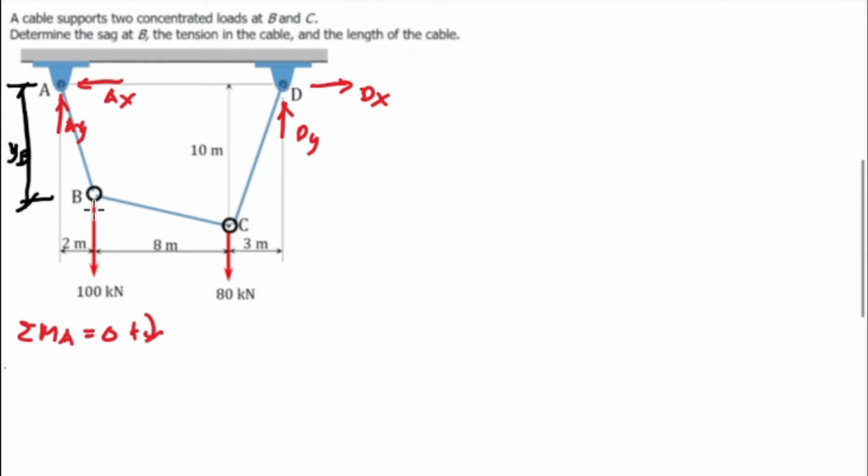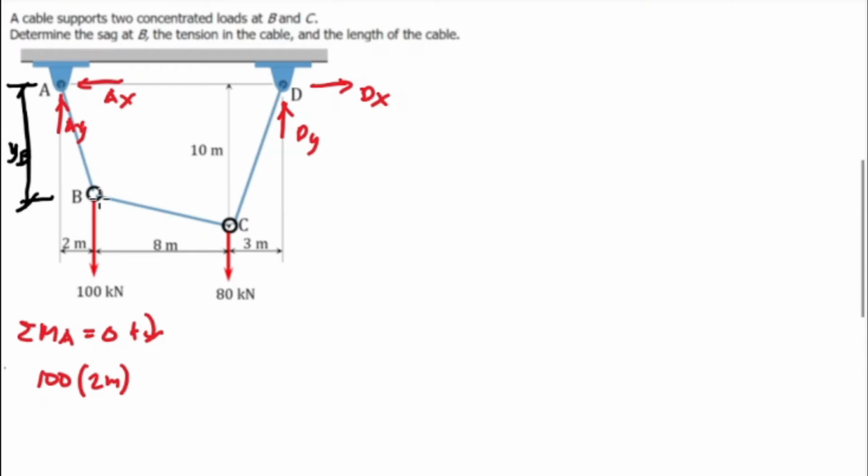At point B, we have a load of 100 kilonewton and a distance from B to A of 2 meters. So we have 100 kilonewton multiplied by the distance of 2 meters, and the direction is clockwise about point A, so this is positive.